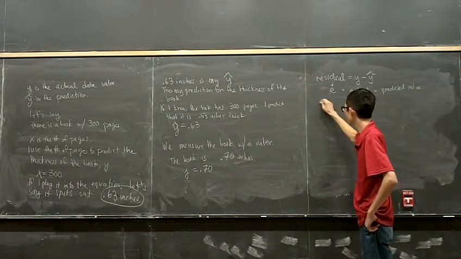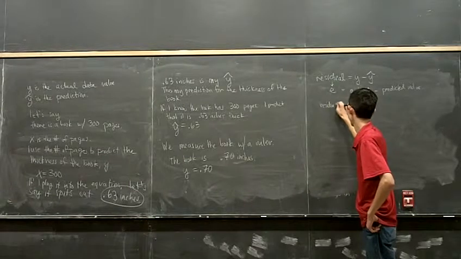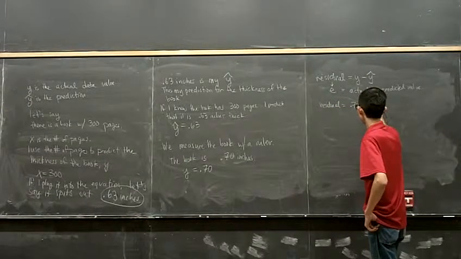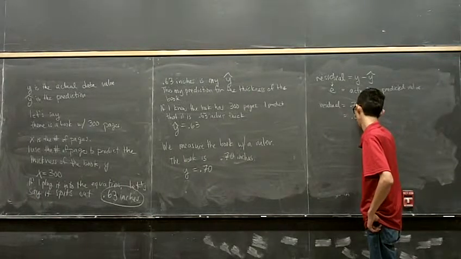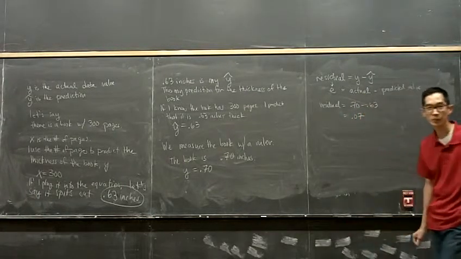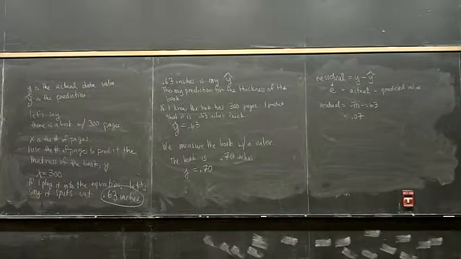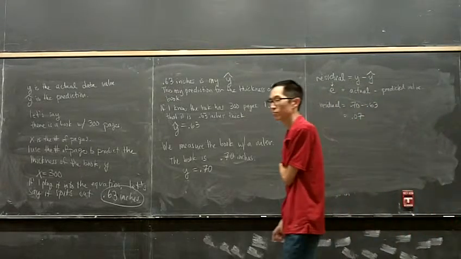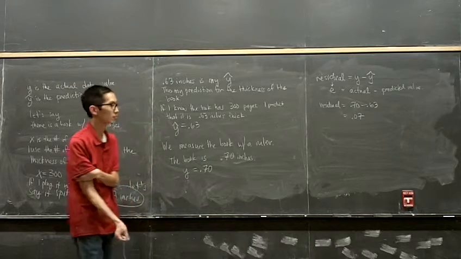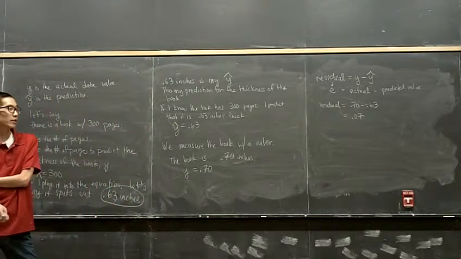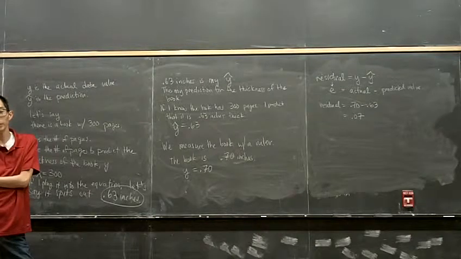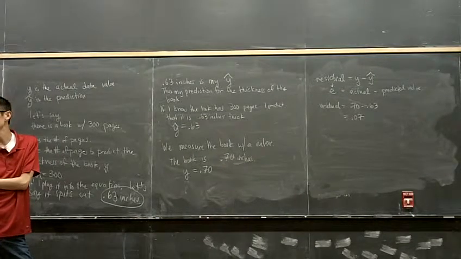So here my residual is equal to 0.70 minus 0.63, 0.07. And what does that mean? That we predicted less than it was. Yeah, it means the book was 0.07 inches bigger or thicker than what I predicted.